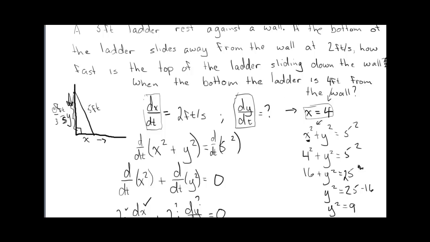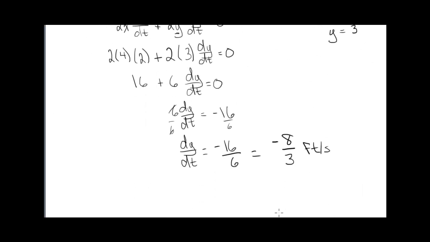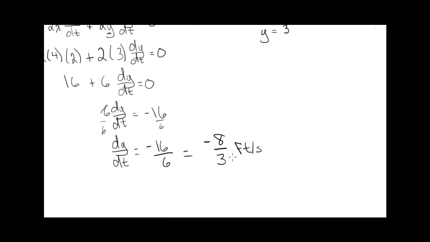Or sometimes, with these sort of physical examples, a decimal might be a more useful measurement. So minus 2.67 feet per second. That might be more meaningful to you than minus 8 over 3. Or you could always do a mixed fraction, minus 2 2/3 feet per second. So all those are equivalent.